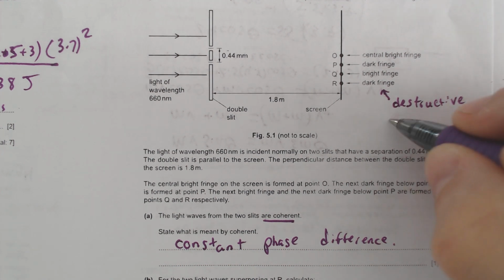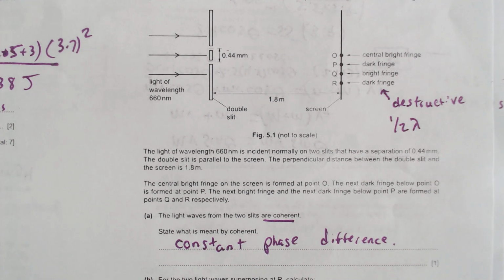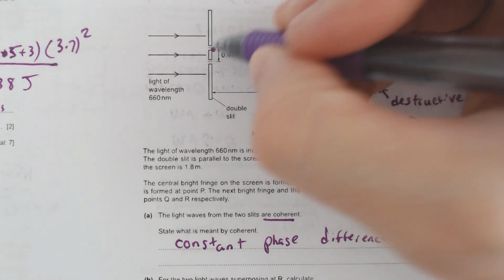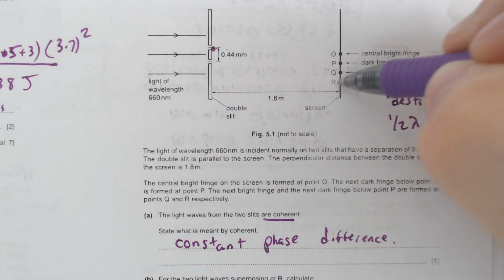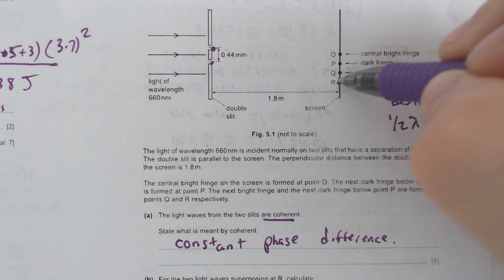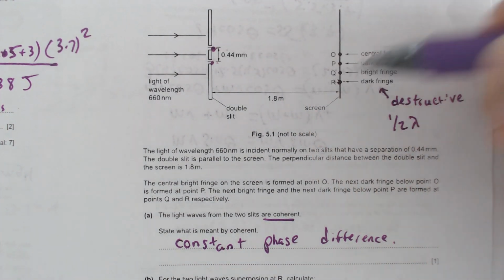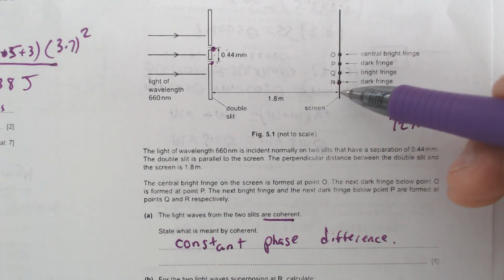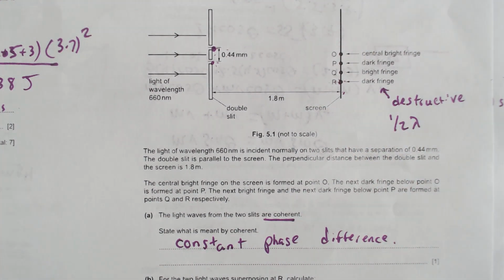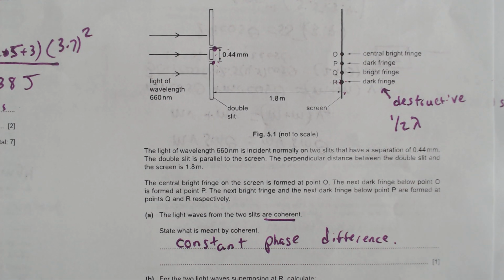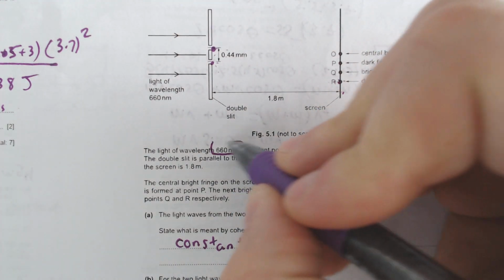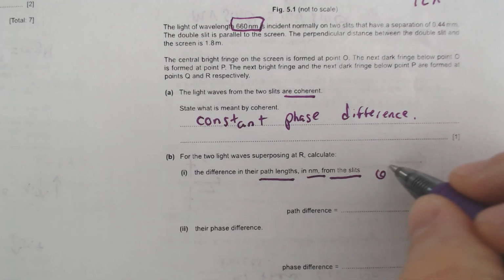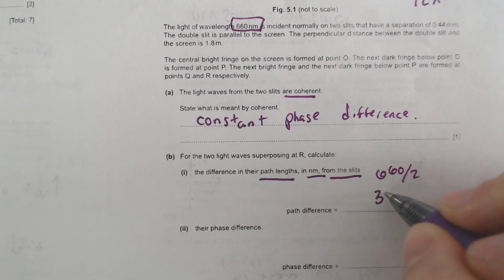So the two waves are going to be a half a wavelength apart, between the path coming from one slit to R and the path from the other slit to R. Because they are two different light sources destructively interfering, they're a half wavelength apart. They tell us the wavelength was 660 nanometers, so we just need half of that. 660 divided by 2 is 330.